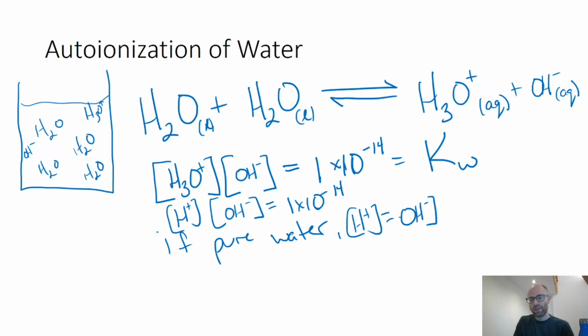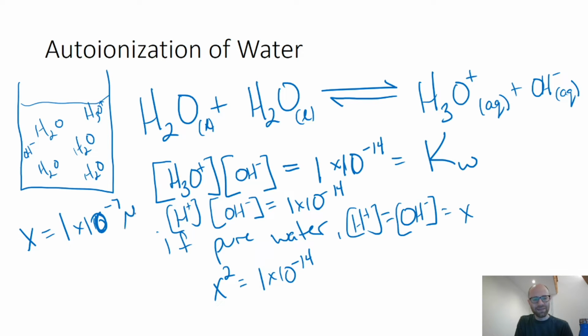And if we wanted to, we could just call that, say, X. In other words, X squared equals 1 times 10 to the negative 14th, and then X equals 1 times 10 to the negative 7th molar, which is 0.0001 molar. It's a small number. I'm not equating this to a parts per million or anything like that, but roughly that's 1 in 10 million.